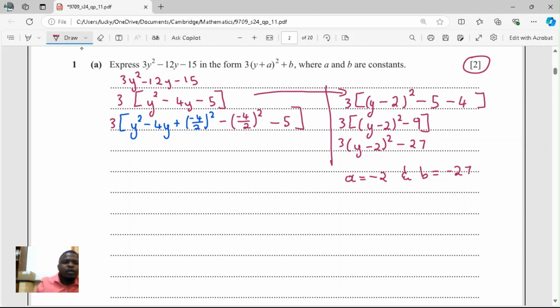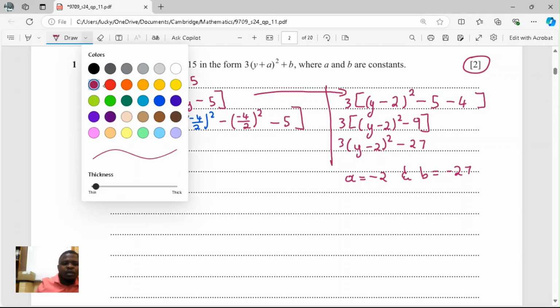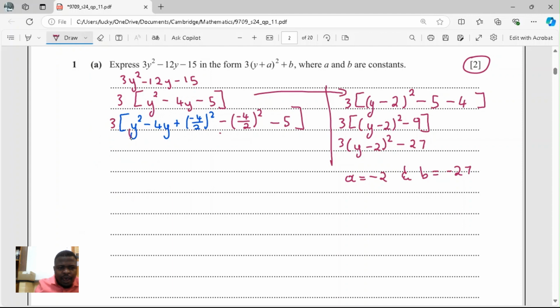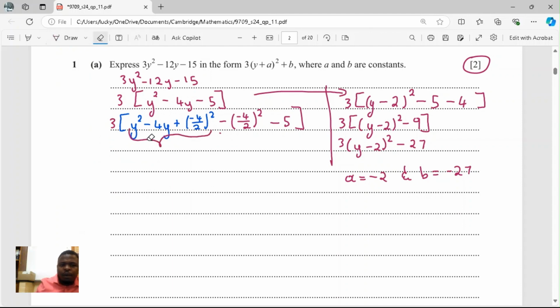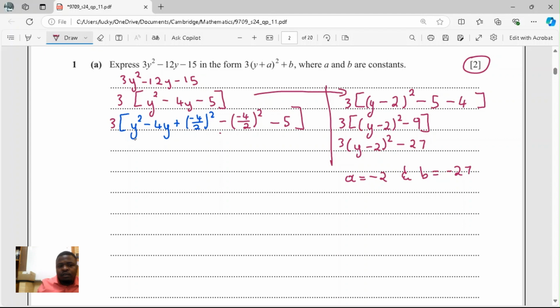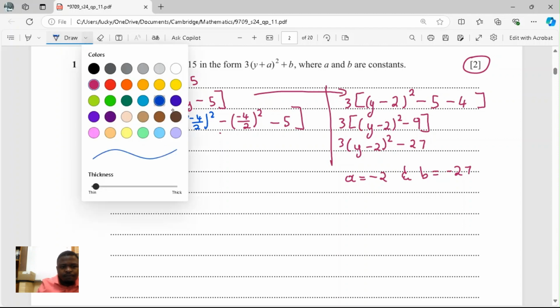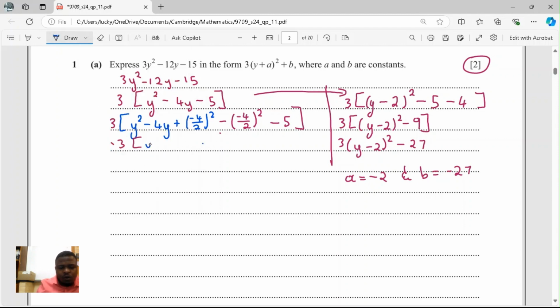Okay. So what I have done here is I have turned this into a perfect square trinomial, but it's difficult for you to see it now. It's easier for people to see it when it's written like this: 3 open bracket y squared minus 4y plus 4.